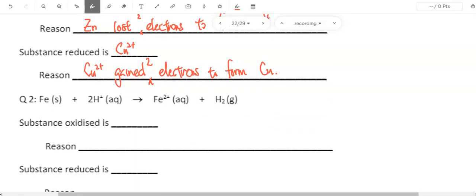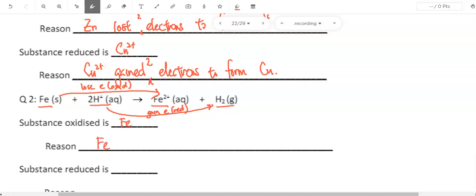Same way, let's go down to the next one. Fe to Fe2 plus. This one over here, you know that it is lose electron. This one over here, H plus to H2, so this is actually gain electron. So lose electron is oxidation. Gain electron is reduction. So the substance that's oxidized is actually Fe. How do you know?